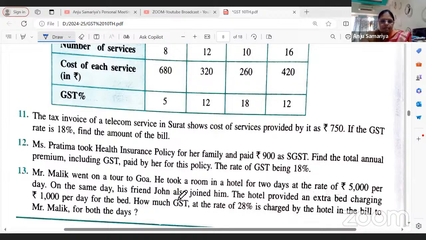GST plus the charges, billing amount for 1 day, then you find out for 2 days. 1680. So you have to find out total amount of GST only, sorry. Yes, only GST you have to find out. 1680.